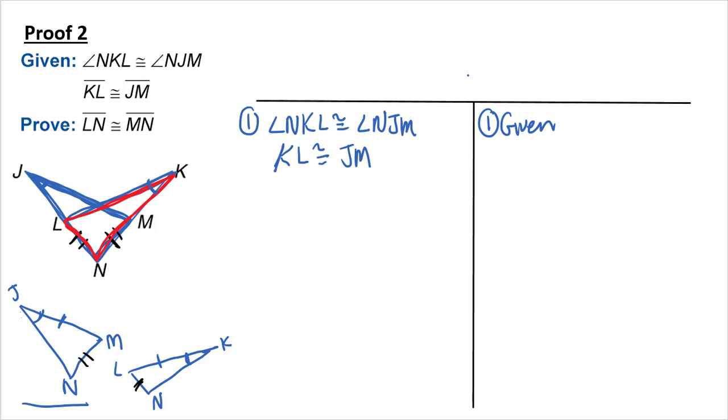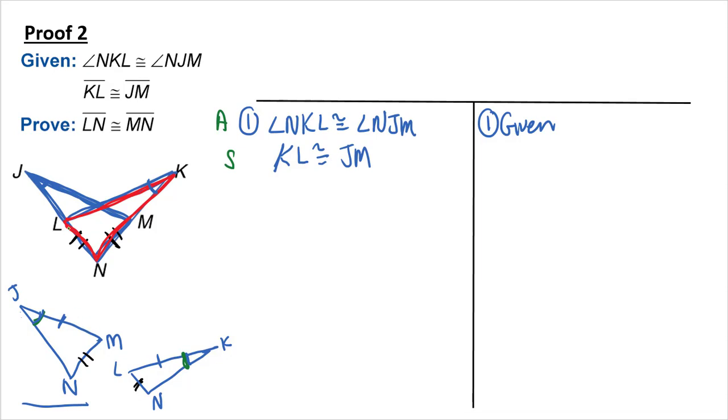Okay, so in this is an angle, that's this angle here, congruent to that angle there. I have a side. If I could get another angle congruent, I could use angle, angle, side, or angle, side, angle.